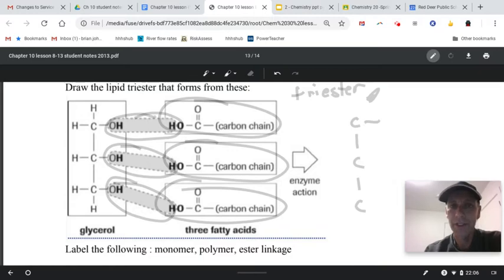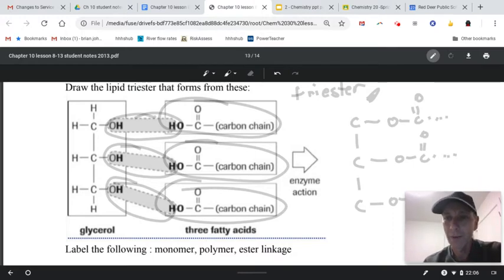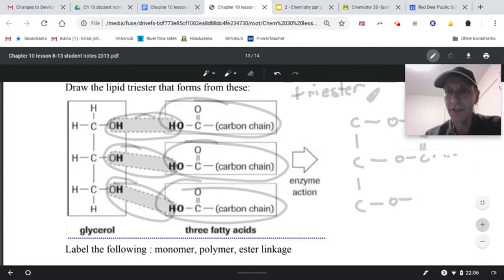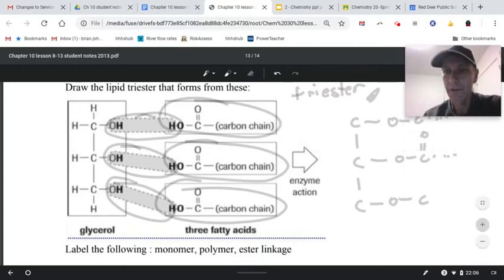So a C to an O to a C double bond O dot dot dot, O to a C double bond O dot dot dot, to an O to a C double bond O dot dot dot.